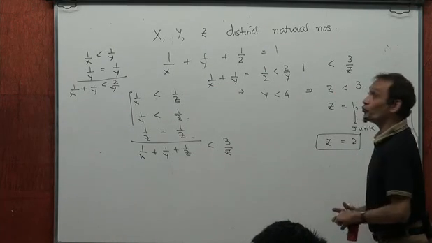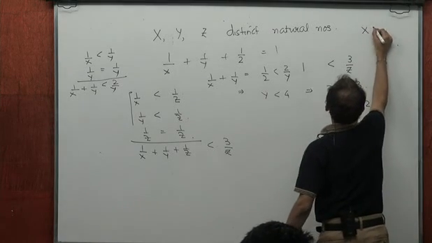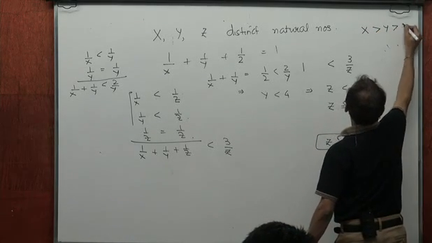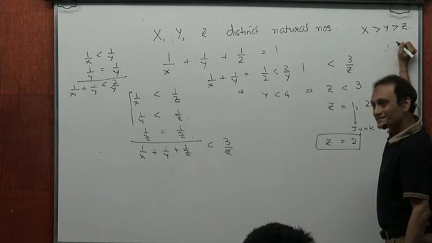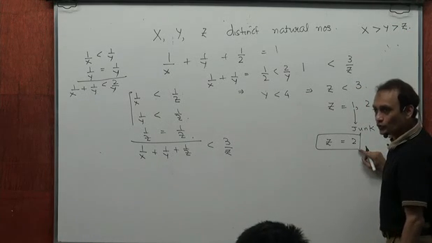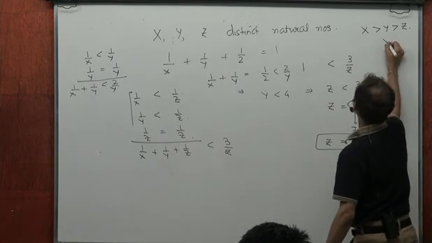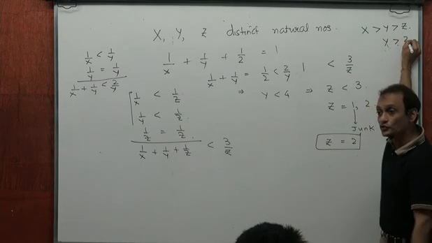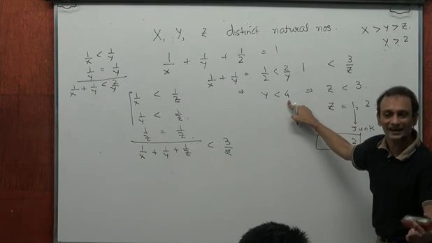Y is less than 4 but is greater than z. See, we started with x greater than y greater than z, isn't it? Z has turned out to be 2. Y is greater than 2, but y is less than 4. So what's the only possible y?